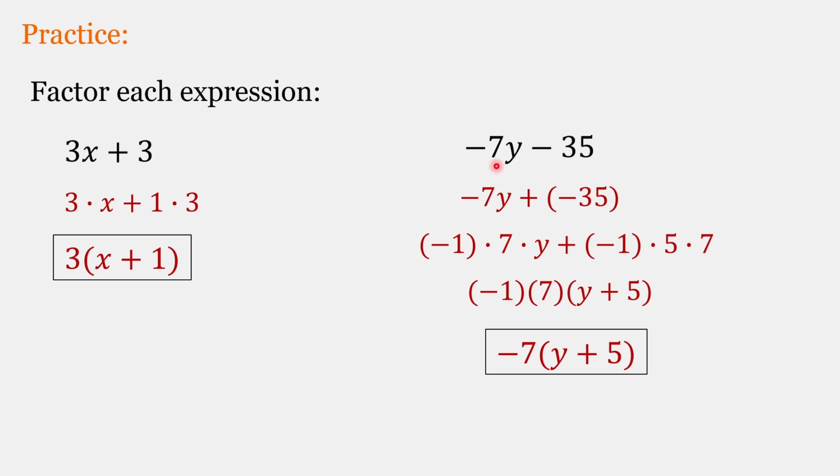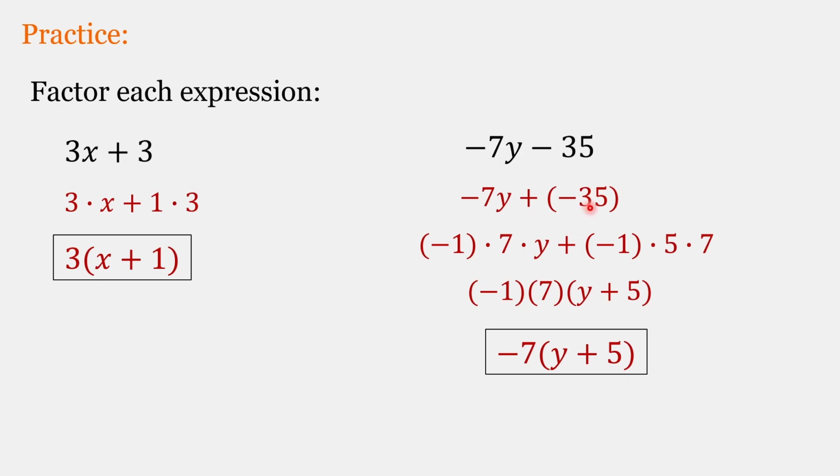For the second problem, we have negative 7y minus 35. Again, I converted that subtraction to addition first. So we end up with plus a negative 35. Then I factored negative 7 as negative 1 times 7 times the y.